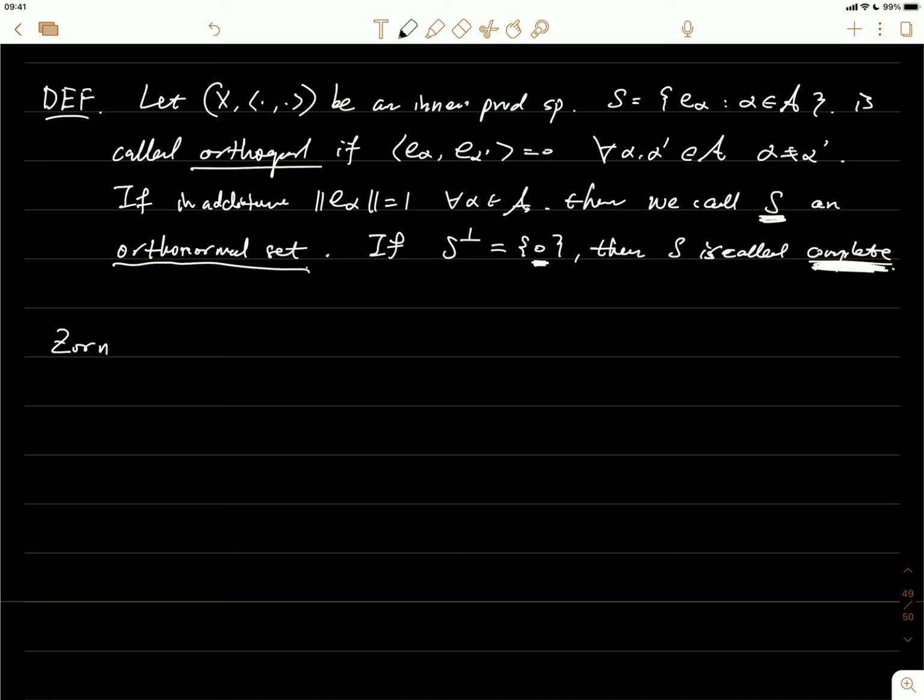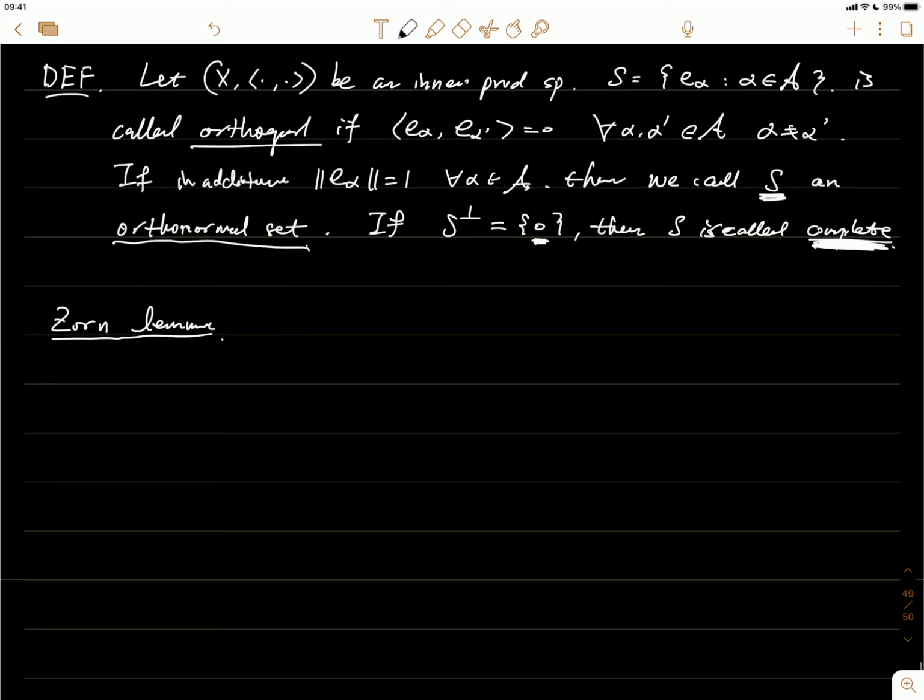So I hope this is something that you have seen before, but I'm going to introduce the idea here. So Zorn's lemma deals with a partially ordered set. So what do we mean by partially ordered? Let X be a partially ordered set.